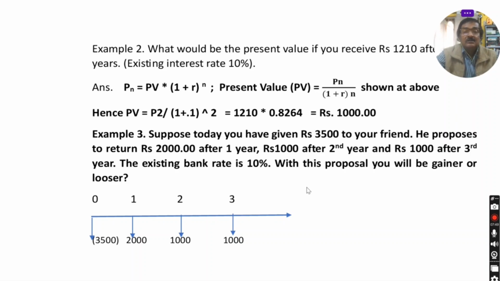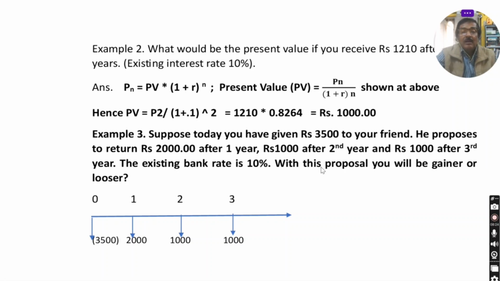Now, we are taking another example for decision making. Suppose today you have given rupees 3,500 to your friend. He proposes to return the money to you as rupees 2,000 after 1 year, rupees 1,000 after the second year, and rupees 1,000 after the third year.